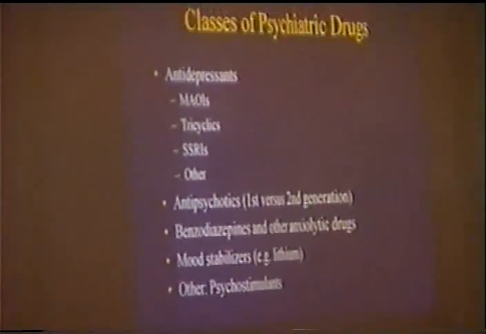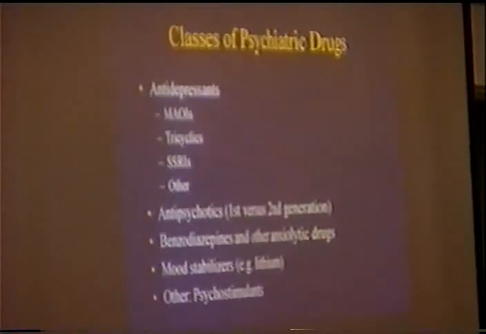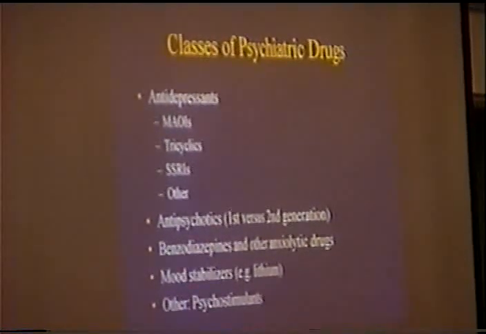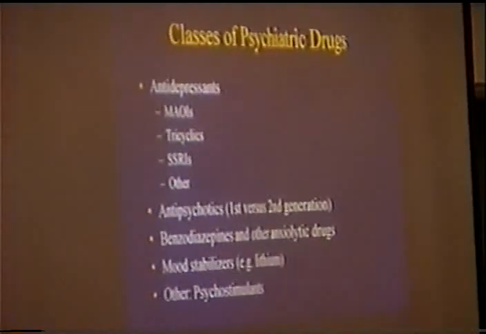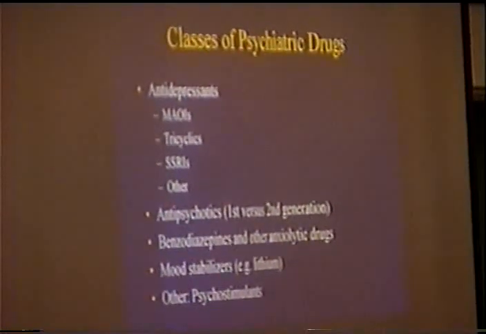Well, what do we use mostly in OCD? Well, obviously we use the selective serotonin reuptake inhibitors, and we use one tricyclic, which is called clomipramine or Anafranil. And that one tricyclic, unlike all the other tricyclics, has serotonin reuptake inhibition. And that's why clomipramine is actually effective, was in fact found to be the first effective medication for OCD.